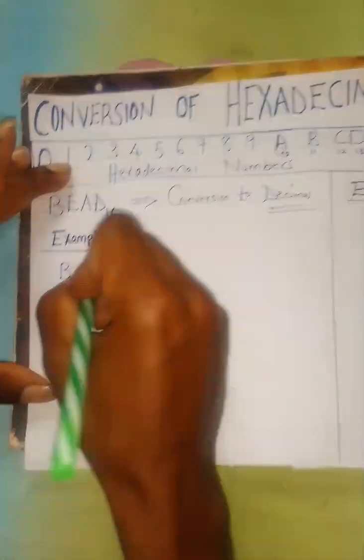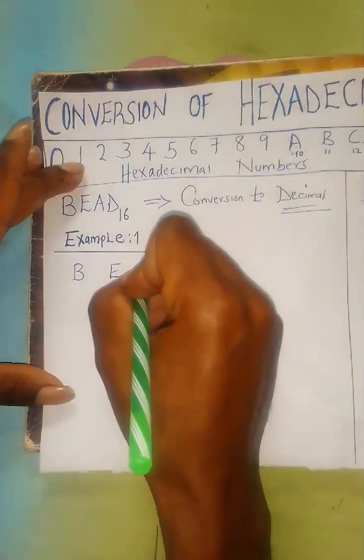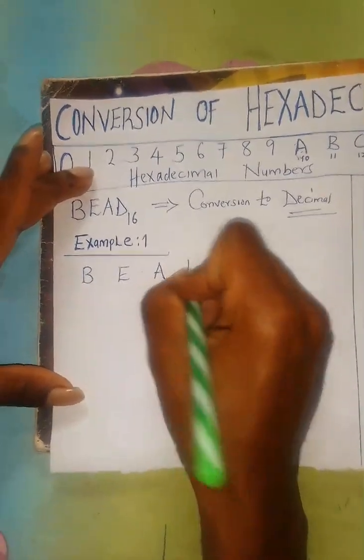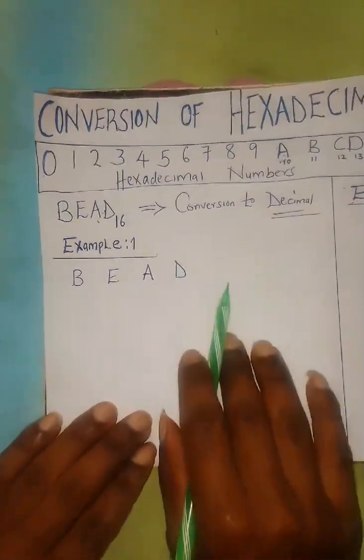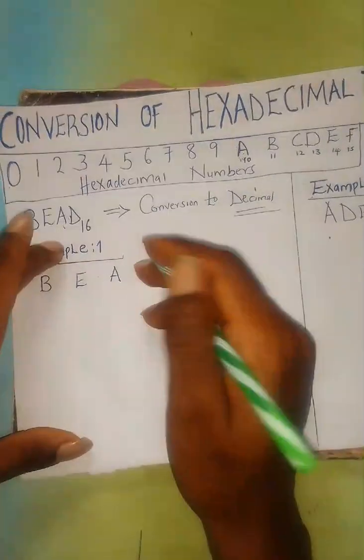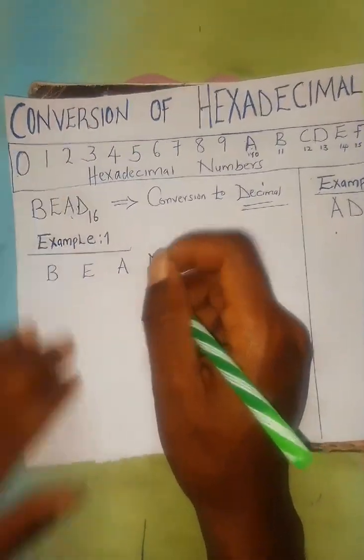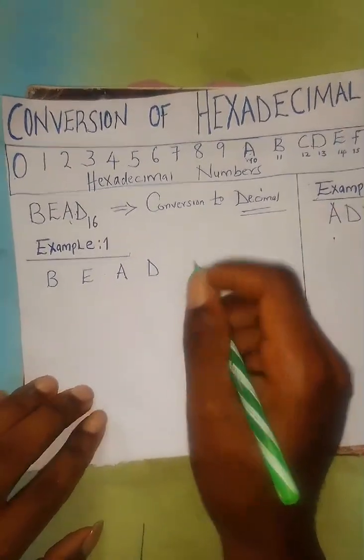So it will be B, E, A, D. I have written the number again. Write down the place value for each digit.